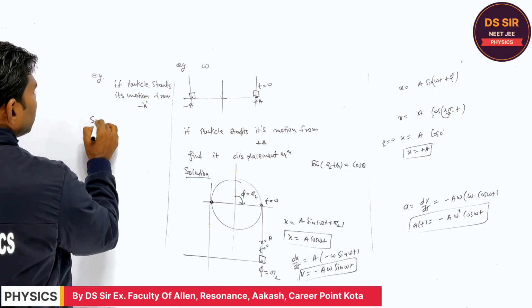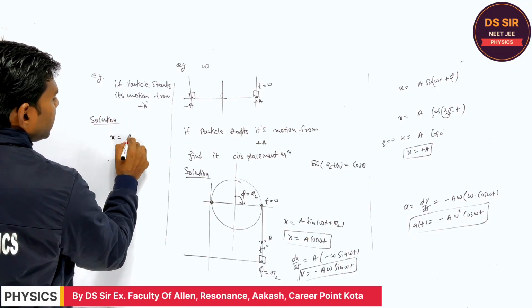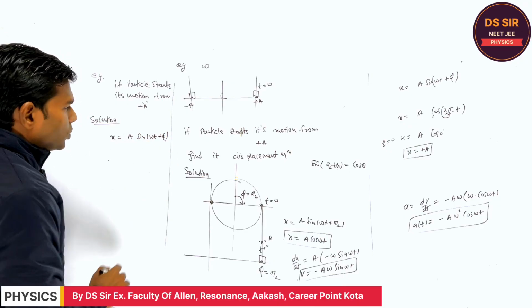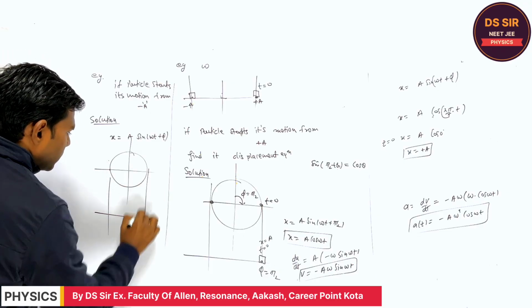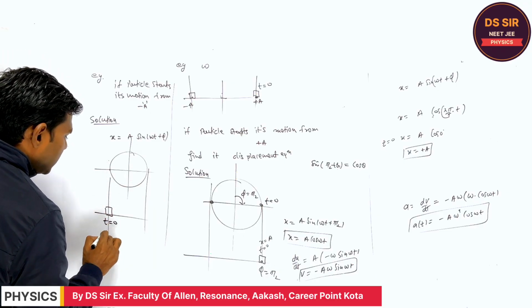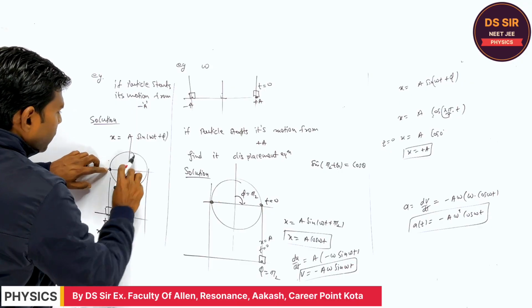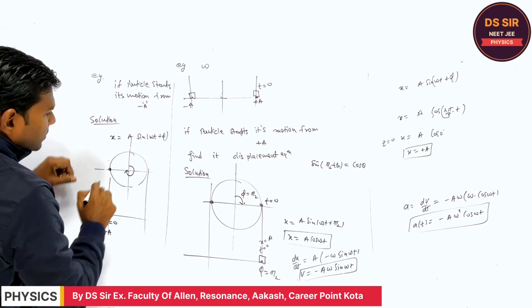So can you tell me what is the equation of SHM displacement? A sin(omega t plus phi) is the general equation. If the particle starts at t is equal to 0 at x is equal to minus a, it has already covered this much phase.